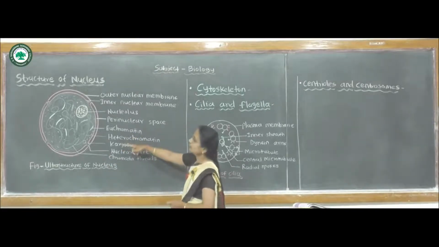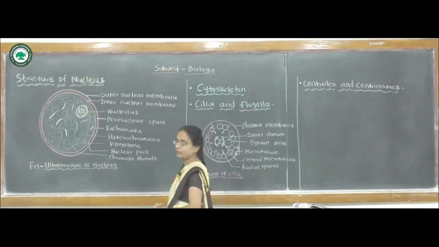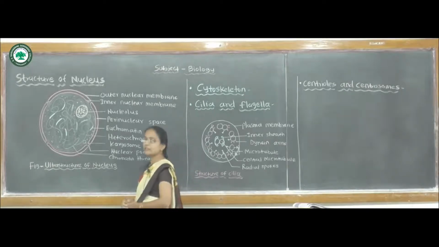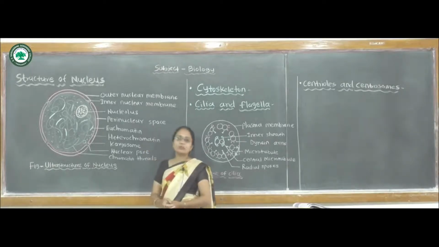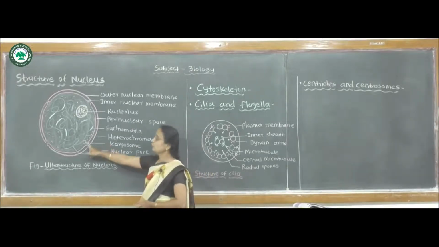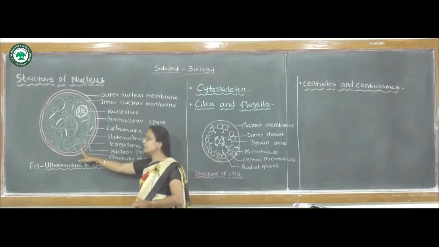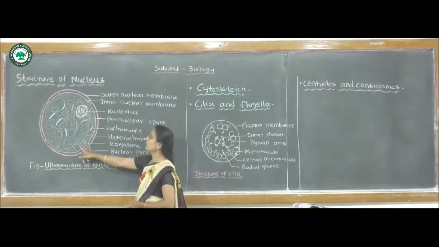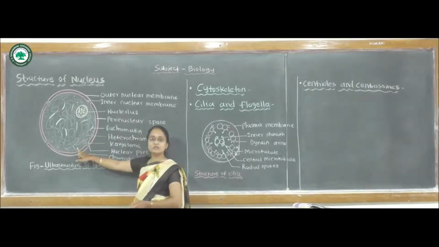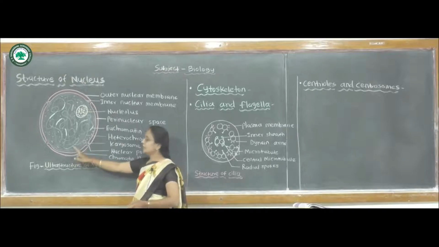Now, on the inner side of the nuclear membrane, just like the cytoplasm, which is the ground substance of the cell containing the various cell organelles, the ground substance inside the nucleus is known as the nucleoplasm.